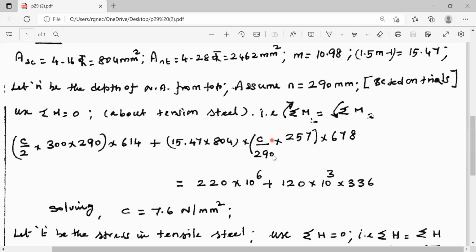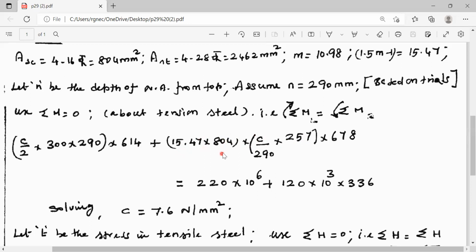This is the stress and this is the area. For equivalence, the factor is 1.5m minus 1, which is 15.47. This is the equivalence factor, 1.5m minus 1, into the area of reinforcement into the stress in concrete. This gives you the stress in reinforcement into the area. This is the total force offered by the reinforcement in the compression zone.